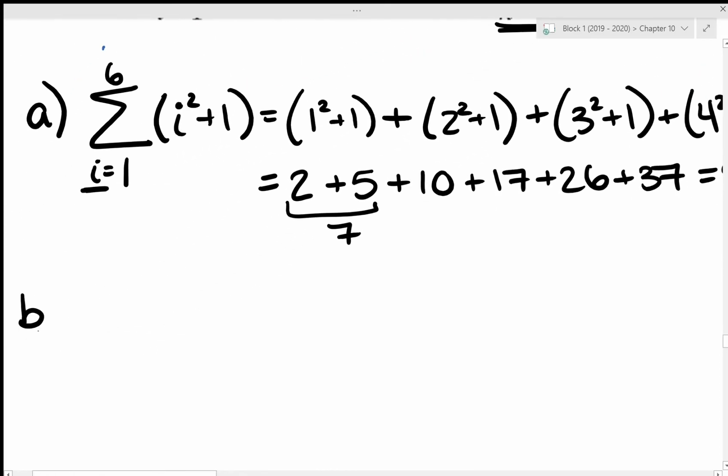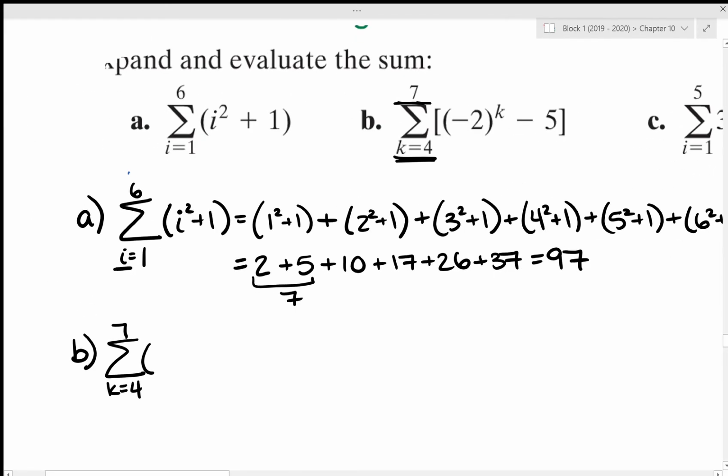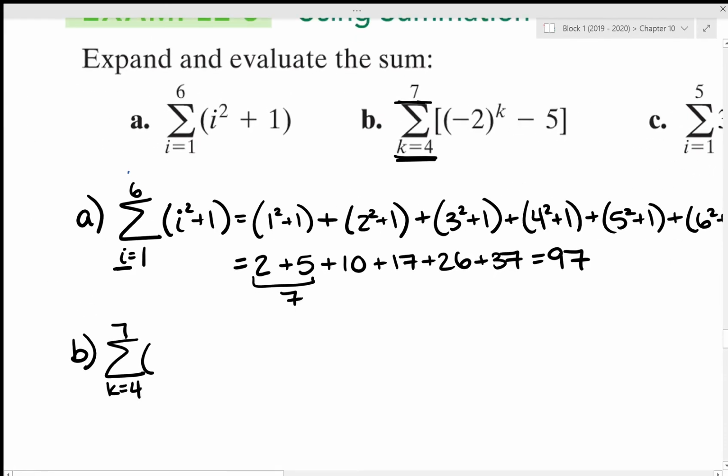For B, the upper limit is 7, and now it's k. It really doesn't matter what the letter is. It's usually i or k or something like that. So I'm going to be doing negative 2 to the k minus 5.